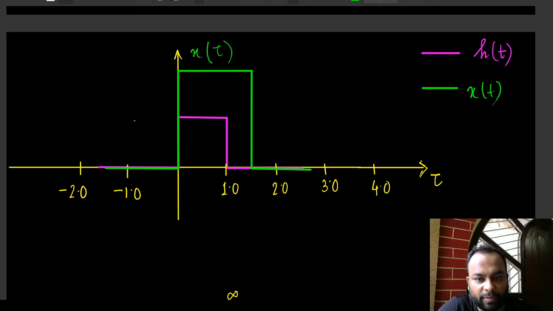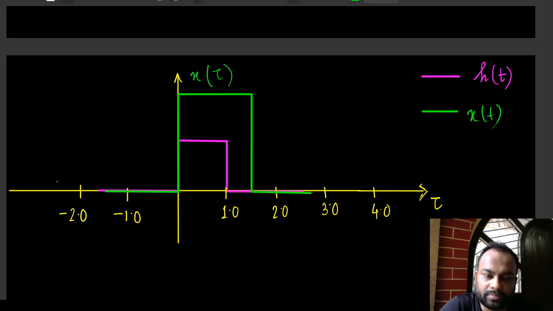So how do I get x of minus tau? I take this x tau and flip it about the vertical axis. So it's a time flip. We talked about this in earlier classes. So instead of jumping here and going up to this point and staying up and ending at t equal to 1.5, it will jump here and go back and end at t equal to minus 1.5 and so on.